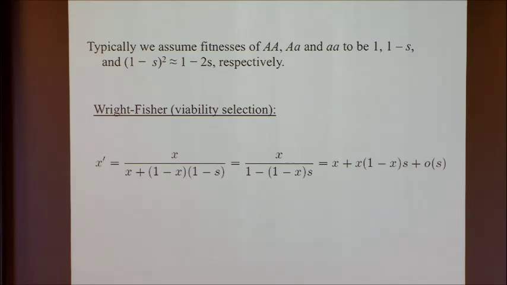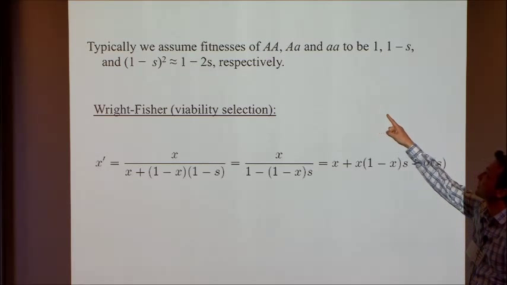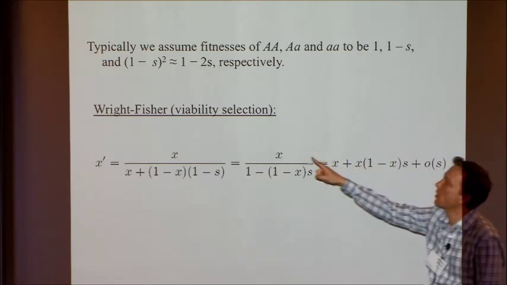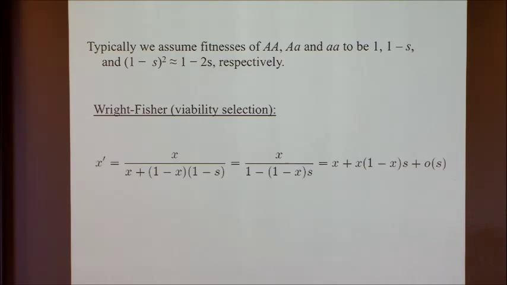So to make things very simple, we can assume a multiplicative effect of fitness, genic selection, in which the fitnesses of the three genotypes are 1, 1 minus s, and 1 minus s squared. So they're very close to 1 minus 2s. Okay, in that case, the diploid model reduces to a haploid model. So now it's very easy to incorporate selection in the models you've heard about.